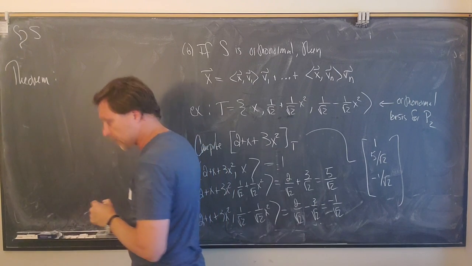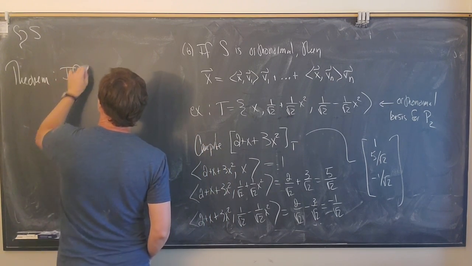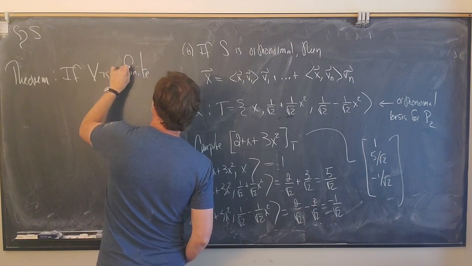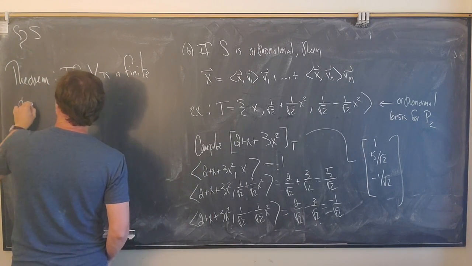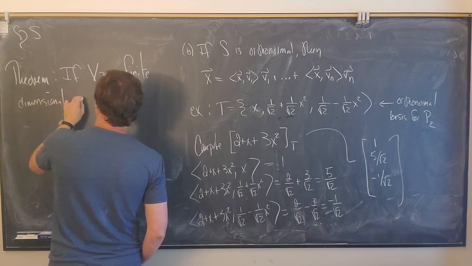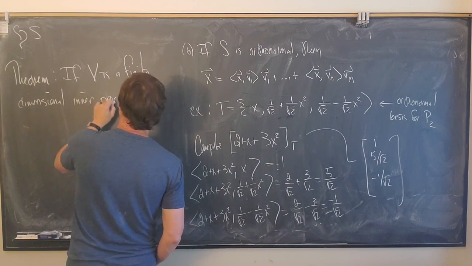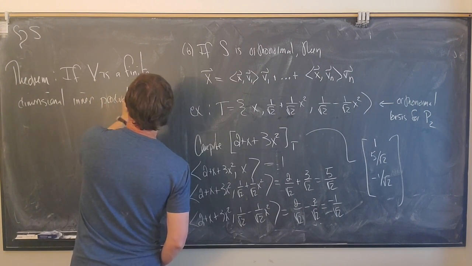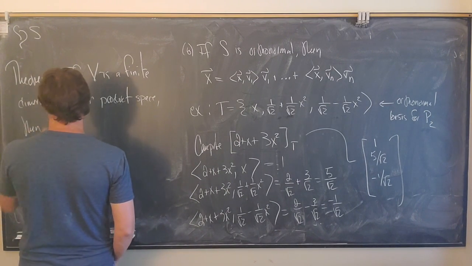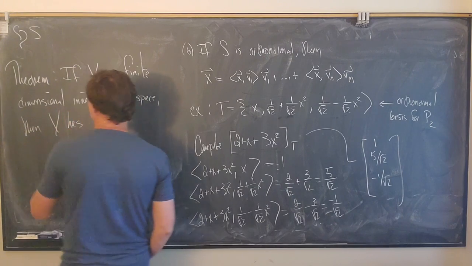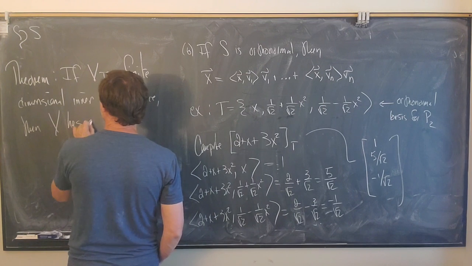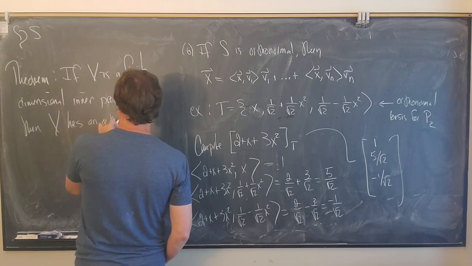Okay, so it goes like this. If V is a finite dimensional inner product space, then V has an orthogonal basis.